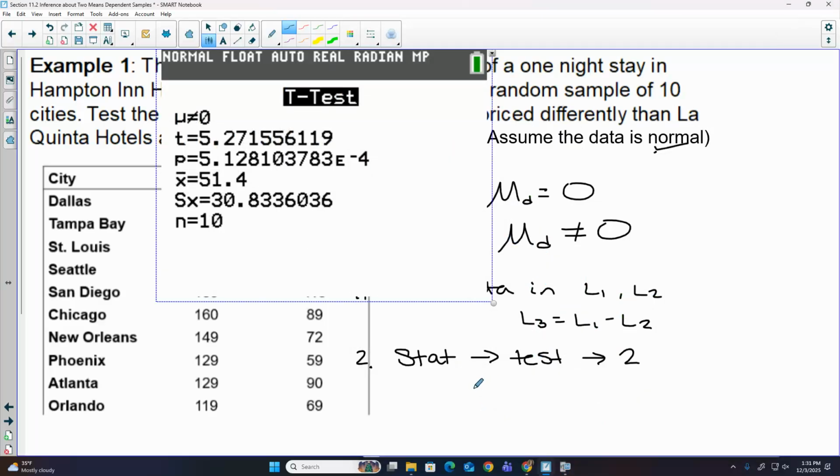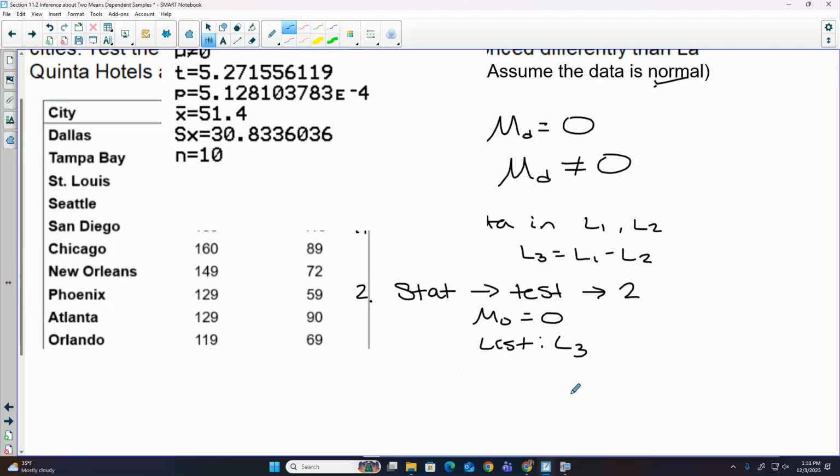So, with 0, list was L3. So then our result: T is 5.2716. Our P, be careful, watch. Sometimes it has scientific notation. E -4 means you move the decimal back 4 places.